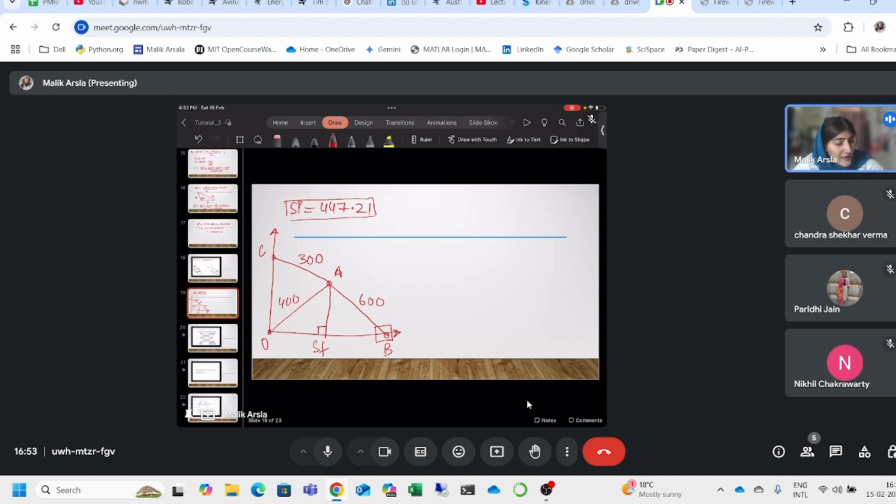Now you know that in any triangle, if we draw a line segment from here to here, the ratio of this line segment to this line segment will be equal to the ratio of this line segment to this line segment.